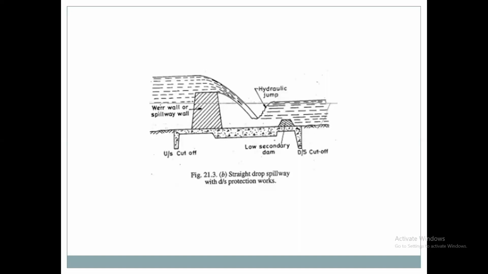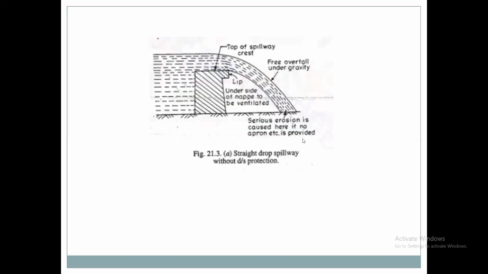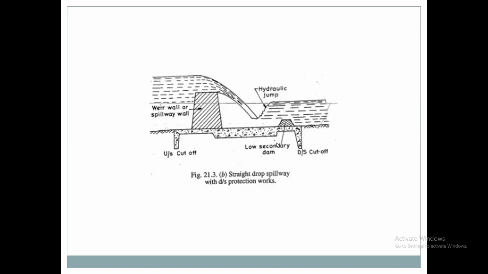To avoid that, downstream protection work is made. A downstream cutoff is made to avoid this erosion. The base of the reservoir is made with PCC concrete work. This is the upstream cutoff, and the downstream cutoff is made to avoid the erosion.